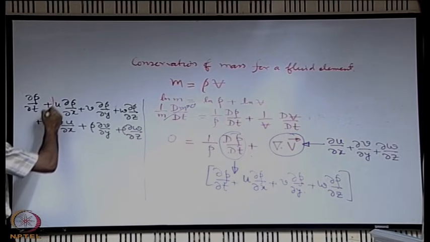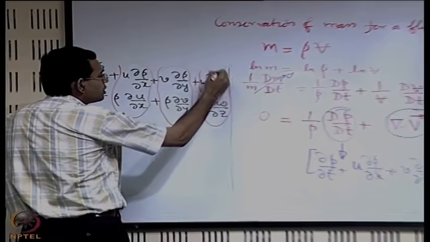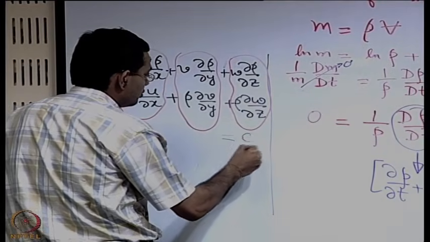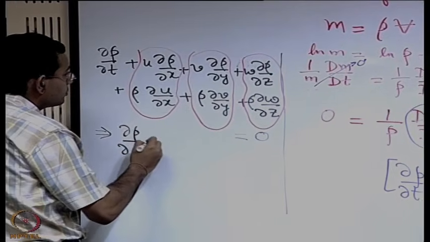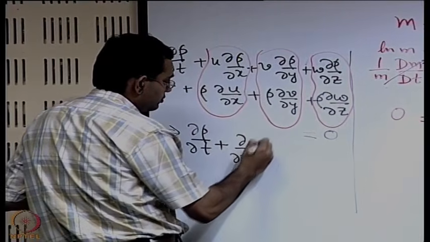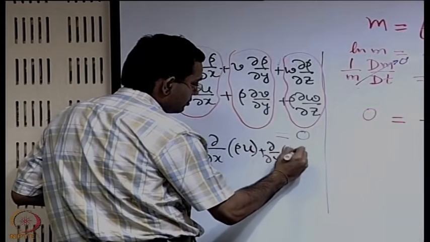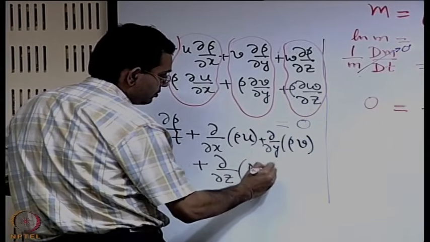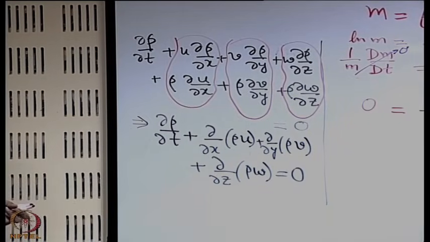Now you can combine these types of terms and write them in a compact form by using the product rule of differentiation. So this equal to 0 will imply this equal to 0, just by using the product rule of differentiation.